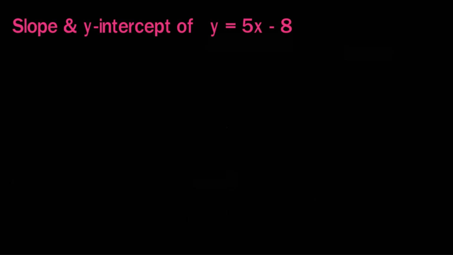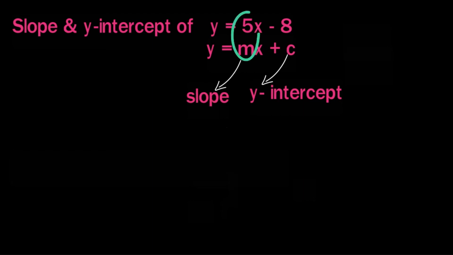You always remember the form of the linear equation is y equal to mx plus c, where c is the y-intercept and m is the slope. So in this case, the slope is 5 and the y-intercept is -8. So this is the answer.